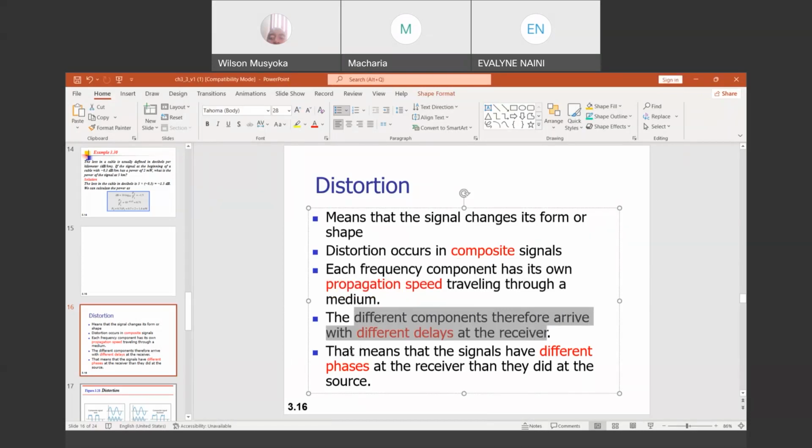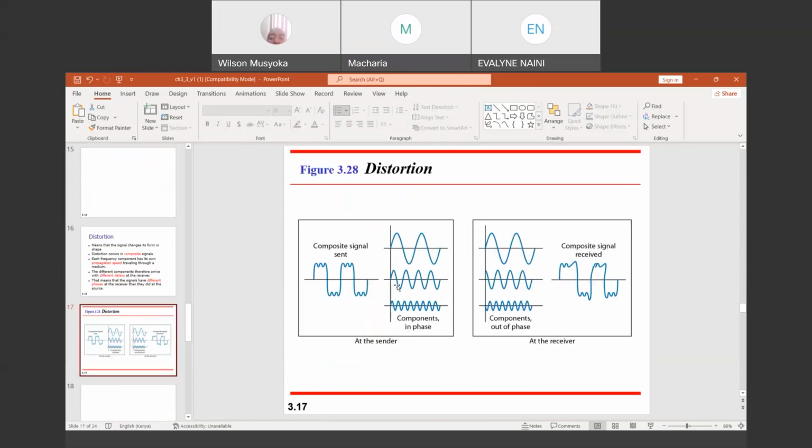So if it was sent with a certain delay at the beginning, but it has been affected by an environmental factor, like the medium resistance or something like that, it means that it is going to have a different phase when it gets to the receiver from the one it had at the beginning. So this is how the distortion is going to occur.